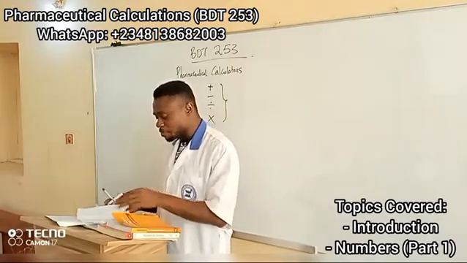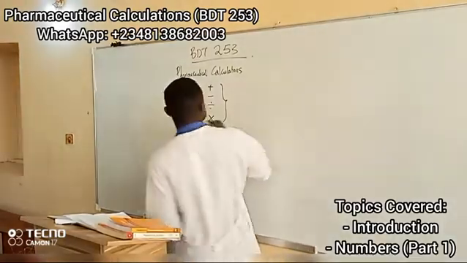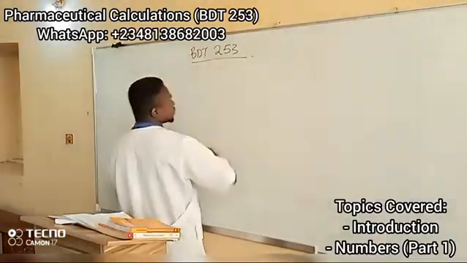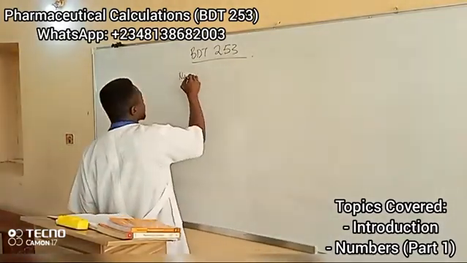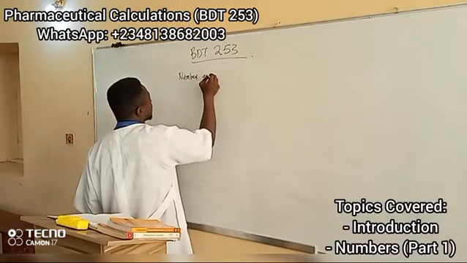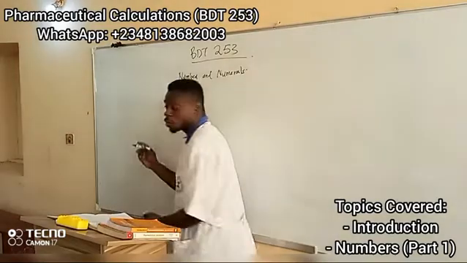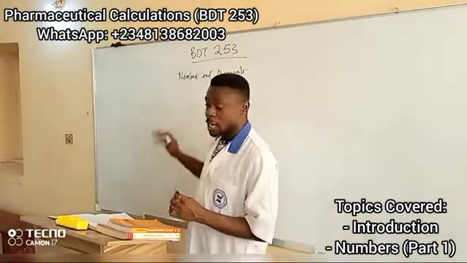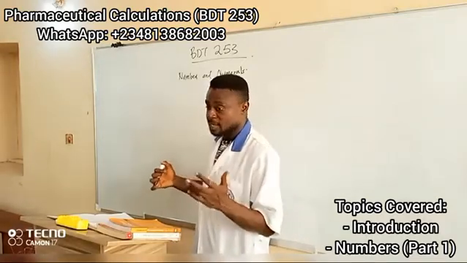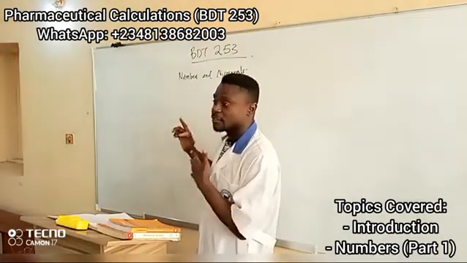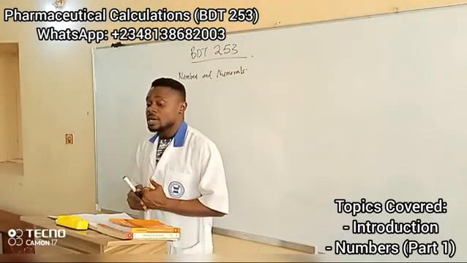But who will tell me what a number is? Okay, we'll talk about numbers so that I will have an overview of what numbers are, so that we now talk about numerals, so that we now move on to other topics we have.